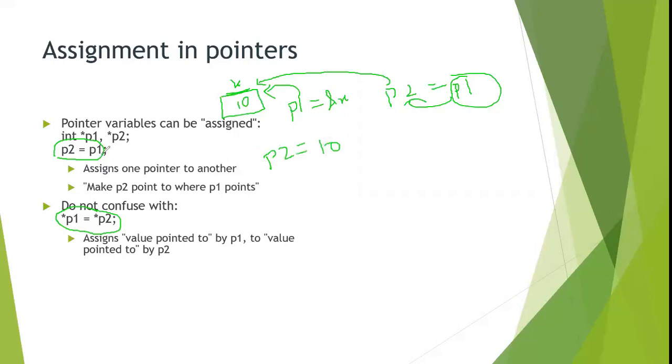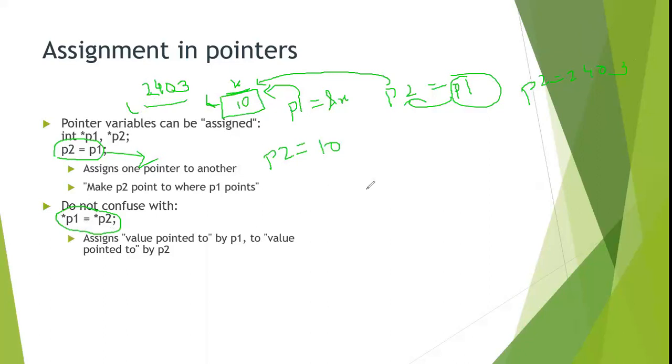In the first case, P1 will hold the address of X, let's suppose 2403. Since P1 is pointing to X, P2 will also start pointing to X, and P2 will be having value 2403. This is happening in the first case.